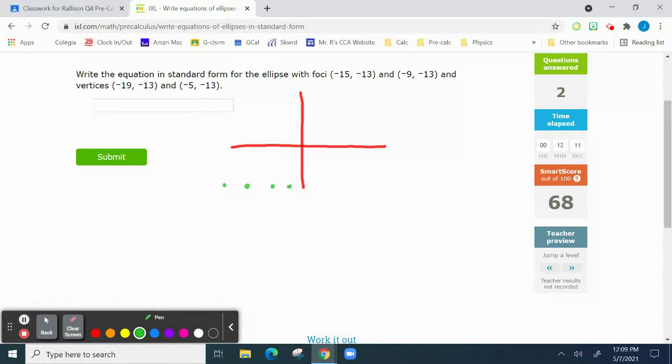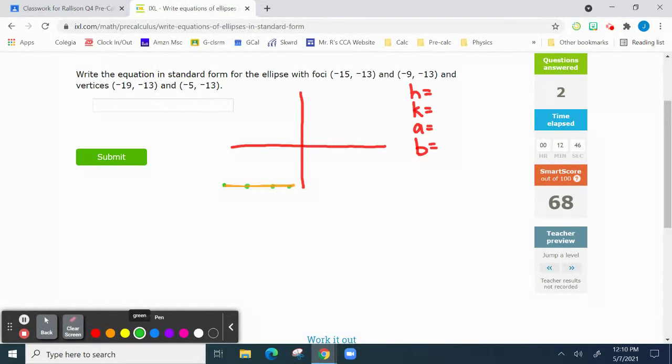So now we have this. We got this right here. There we go. So now what we've got to figure out is our h, our k, our a, and our b. So h and k should be pretty easy. The center has to be midway between the two foci.